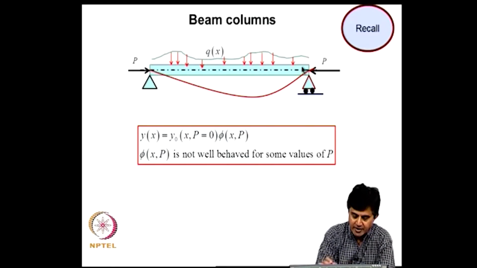In the absence of axial loads, we know how to analyze the structure. The question we are now considering is what is the effect of the presence of axial loads on the transverse response of the beam. We showed that the response can be generically written as the response with p equal to 0 multiplied by a modification function, and this modification is interesting because this function is not well behaved for some values of p.